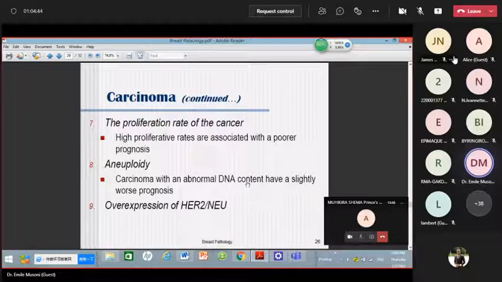Proliferative rate of cancer: a high proliferative rate is associated with a poor prognosis. Aneuploid carcinoma, with abnormal DNA content, has a slightly worse prognosis. Overexpression of HER2/neu: even though there is treatment, it has a poor prognosis.